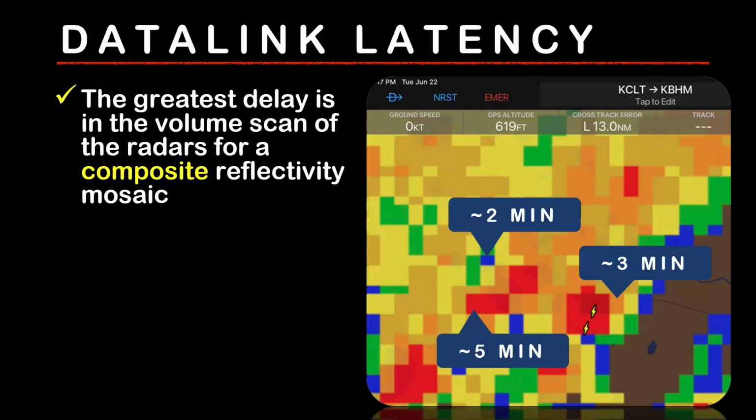Each pixel that you see there could be a result of one of the elevation scans. And that elevation scan could be approximately 2 minutes old, or it could be 3 minutes or 5 minutes or 6 minutes old, depending again on how quickly that particular display was rendered. So each of these pixels can, in many cases, come from potentially different elevation scans.